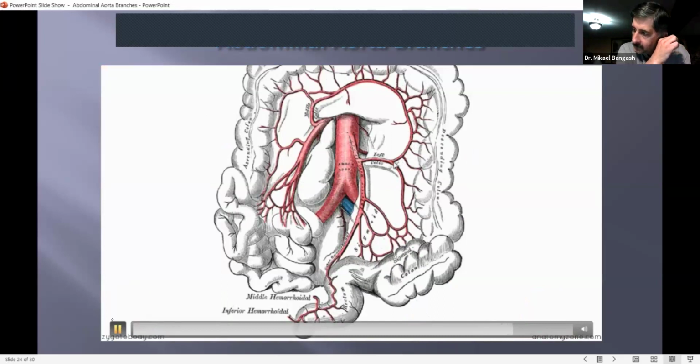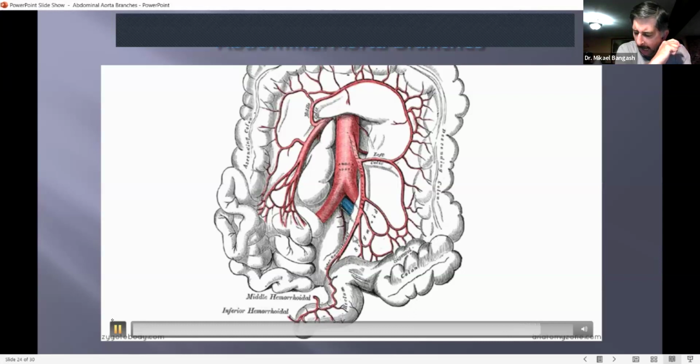The descending branch goes inferiorly and supplies the lower part of the descending colon, and it anastomoses with the sigmoid arteries. There are quite a few of these which come off below the left colic artery, and these supply the sigmoid colon obviously, and the distal part of the descending colon.